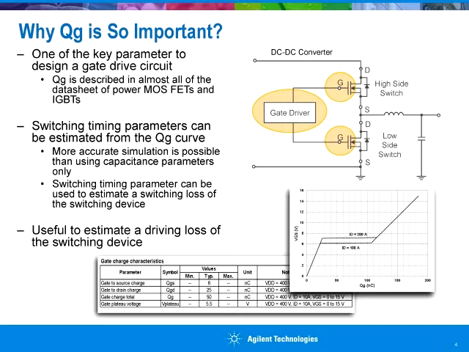The reason why QG is so important is, for conventional power devices like IGBTs and silicon power MOSFETs, it is a key parameter to find the required gate driving capability of the gate driver circuit.